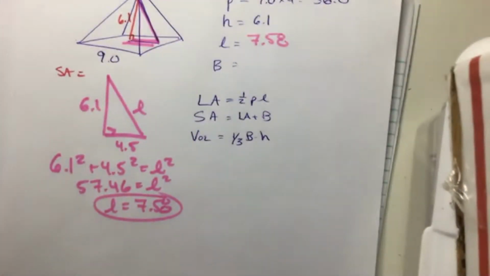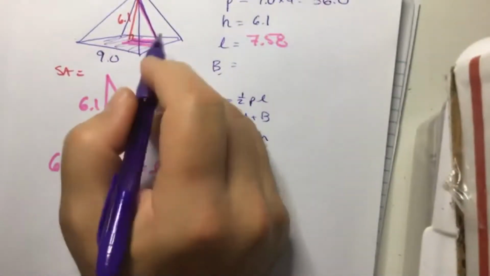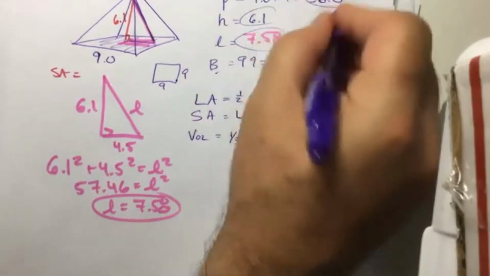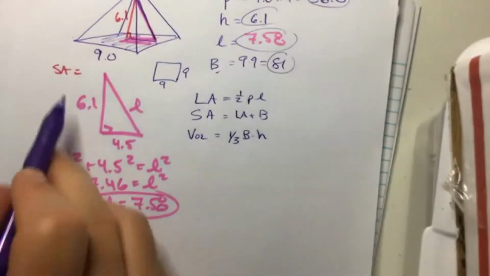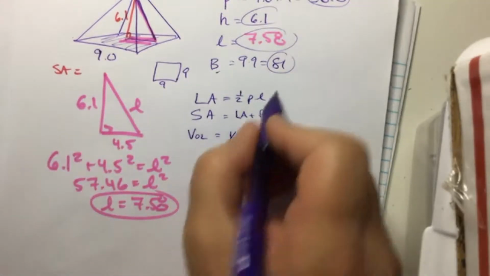So now, Mikhaila, be sure and tell me if I'm skipping something or if you need more time on something. It's all you now. In my case, I'm looking for the area of this base. It's a square, 9 by 9, so it's 9 times 9 is 81. That gives me all of my dimensions. I'm looking for surface area, so I'll start with lateral area and then plug it in here.